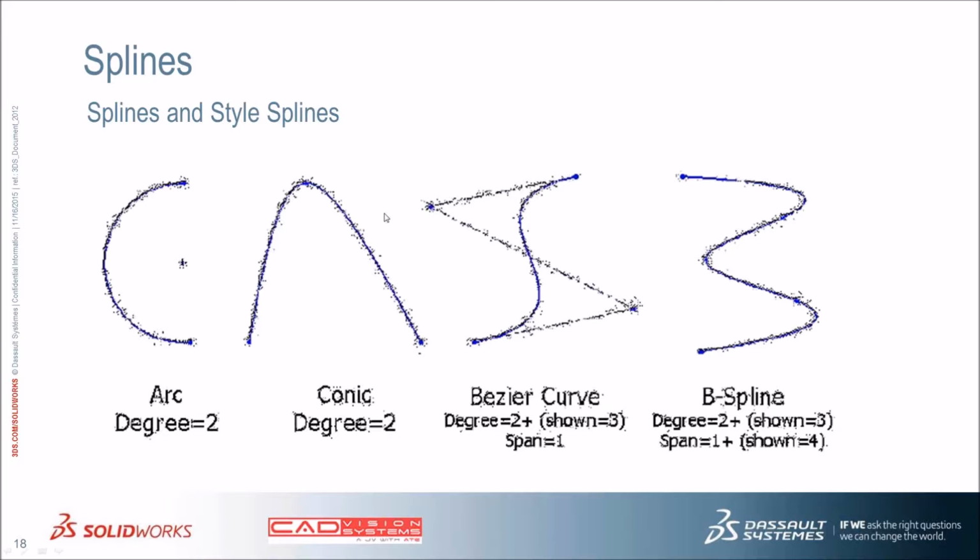For a Bezier curve or the style spline, we can have multiple degrees, but the span is usually one. It's one all the way. That's the difference between the Bezier curve and the B-spline or the normal spline as we know it. Multiple degrees are supported, and multiple spans are also supported, as you can see here. There's one segment here, another, total 4.